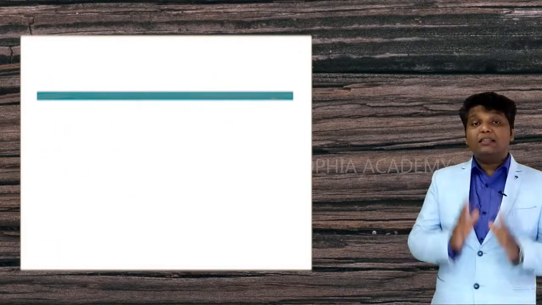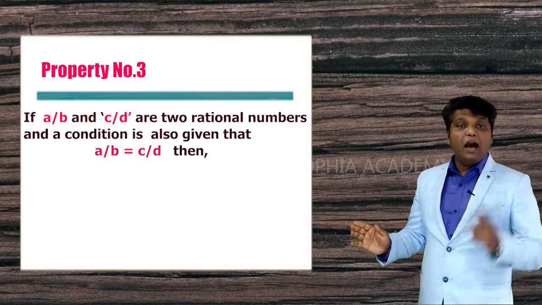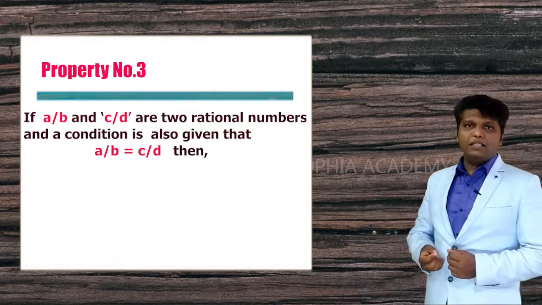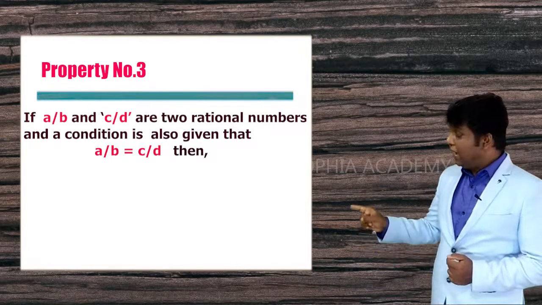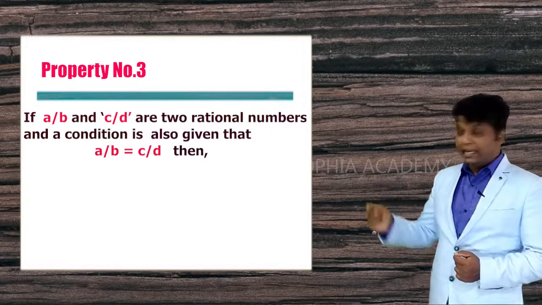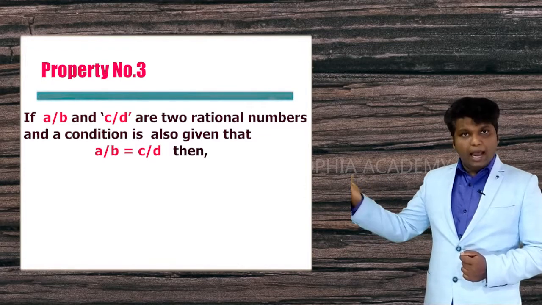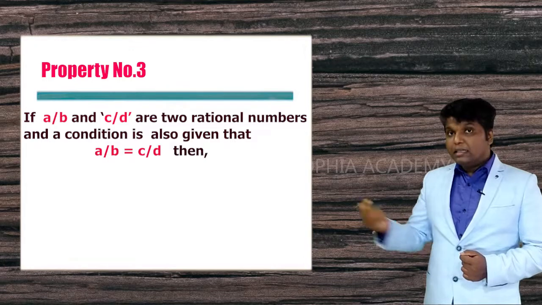And finally, the third property. If a by b and c by d are two rational numbers, one is a by b, another one is c by d, and a condition is also given. What is the condition? If a by b is equal to c by d, means both fractions, the numbers are different, but they are equal.